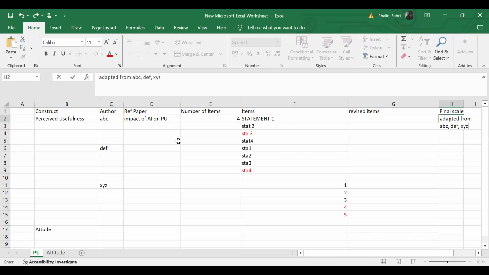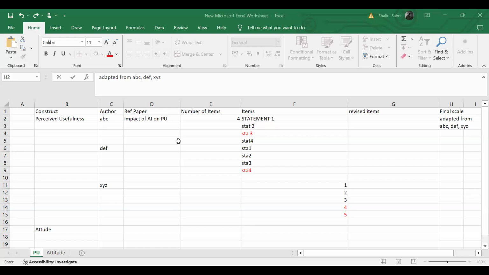Let me just look at a few questions in the chat box. Yes, you can keep the sentence as it is. When you're keeping the sentence as it is, that means the questionnaire is adopted. But you will have to change the context, because if it is in the same context, then it is fine. In case you want to change the context, you have to change the context.